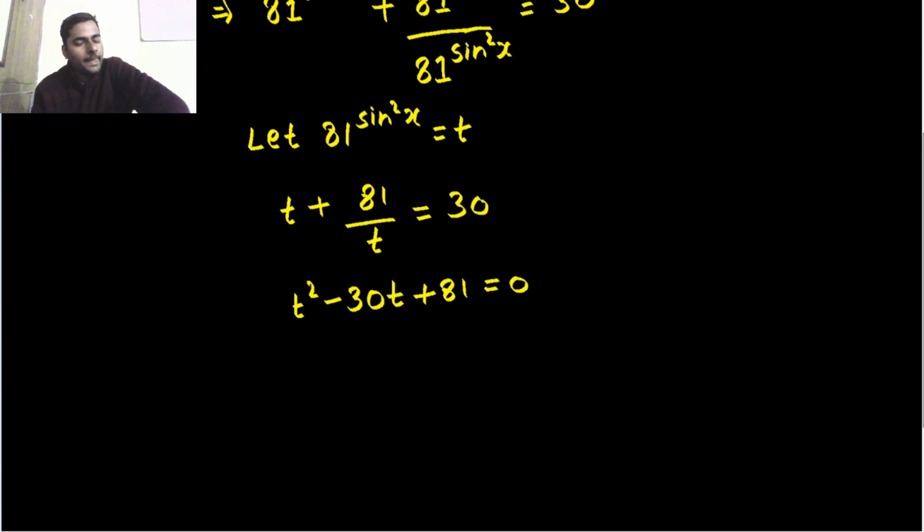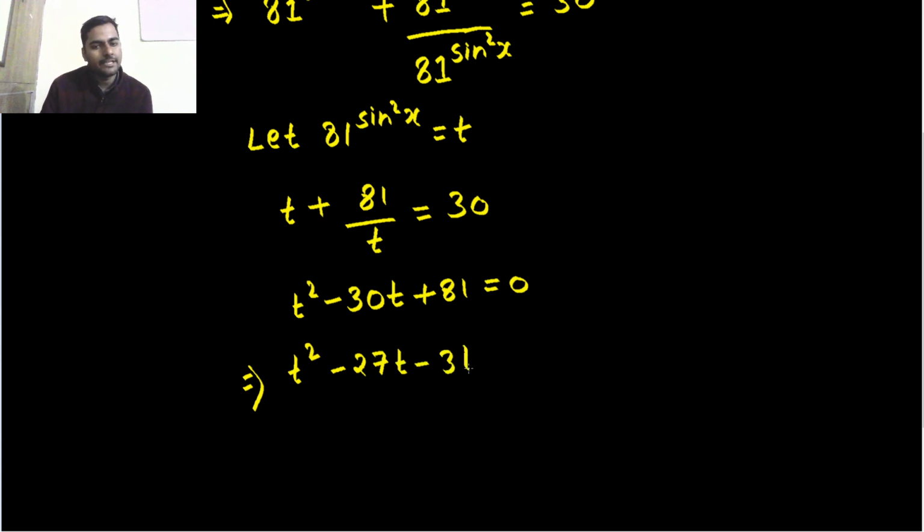Now let's simplify it further. 27 and 3 give 81 when the product is made. So t² minus 27t minus 3t plus 81 equals 0.